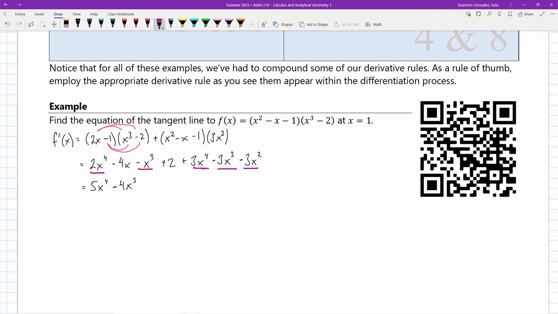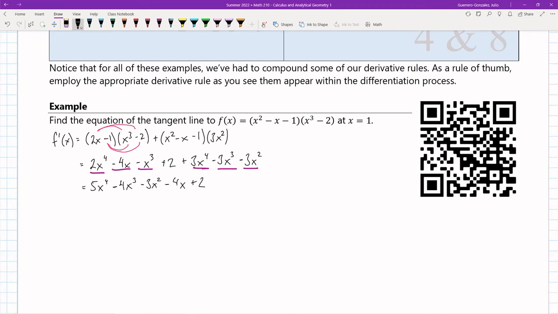There's that x squared, so minus 3x squared. There's that many minus 4 x's, just x terms, and then a plus 2 at the end. So this is the exact same derivative from our very first example.